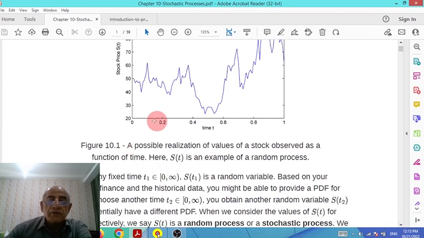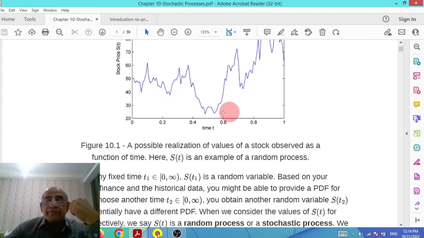This figure is a possible realization, where at each time we see what value S can take.